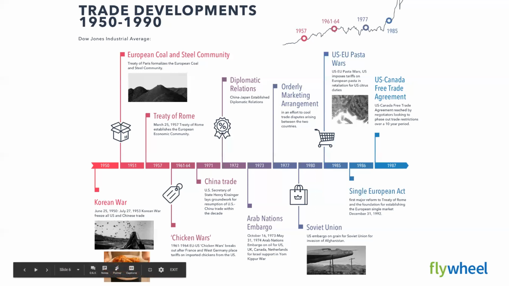This happened in France and Germany back in the 60s, where they put tariffs on our chickens, and it created an interesting situation where we were producing a lot more chickens than were needed domestically, and chickens are not an asset that you can store on the shelf like inventory. They spoil.